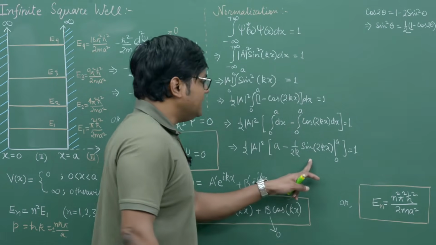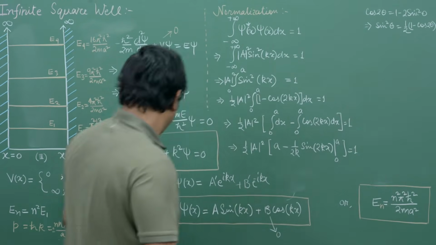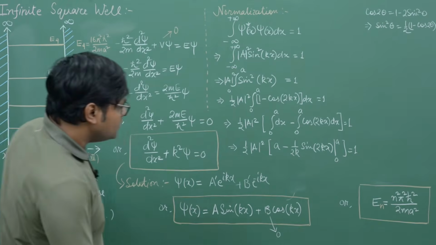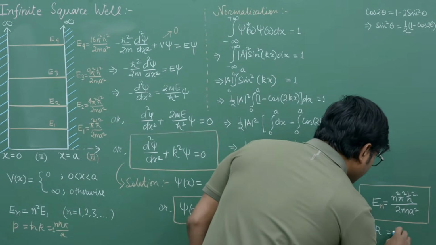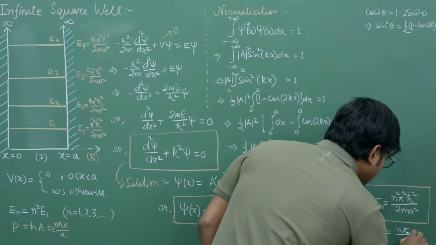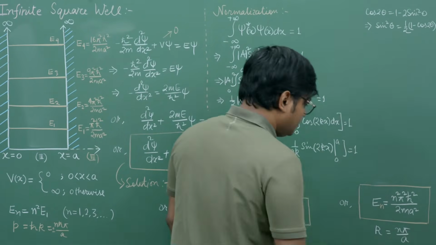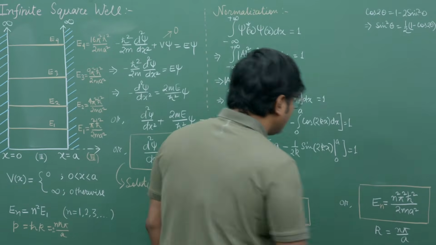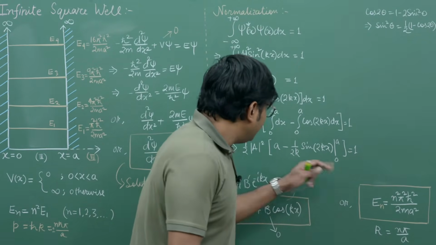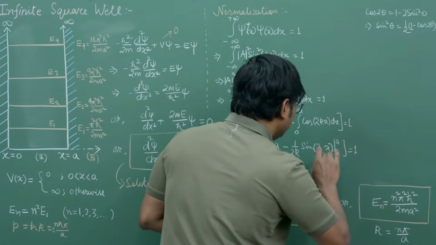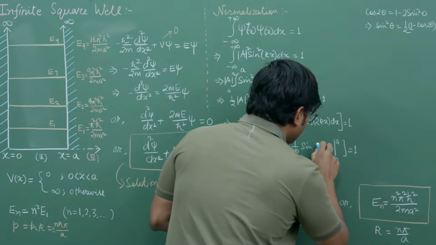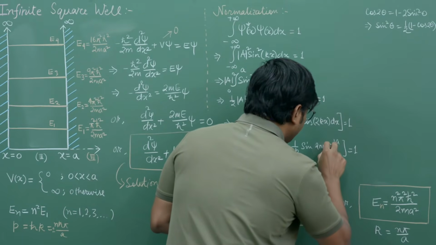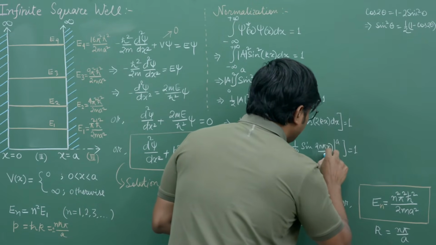Now what is k? We found out just a few moments back that k was equal to n pi upon a, so k_n is n pi upon a. So if I write here n pi upon a, this comes out to be 2 n pi x upon a.